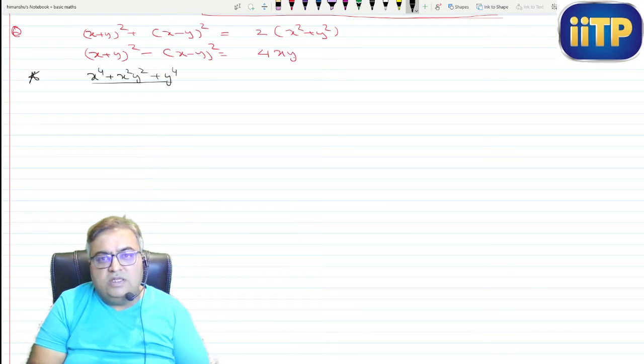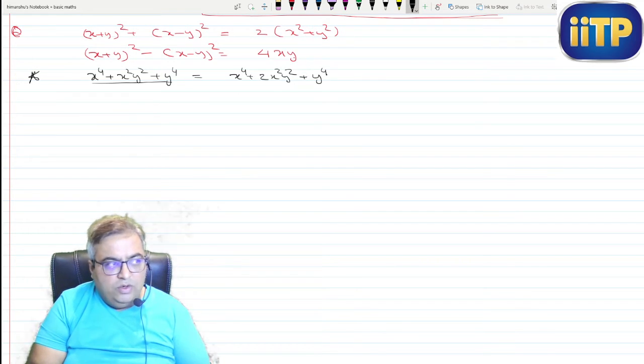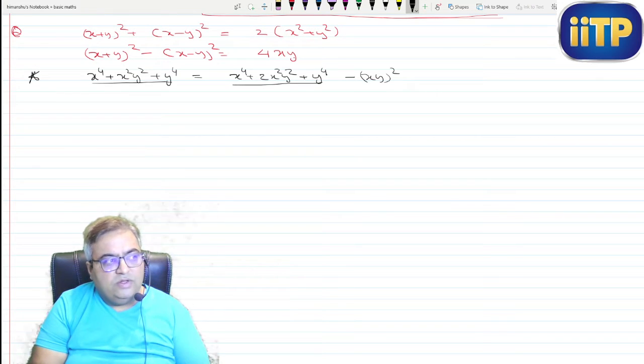How? Let's do this: x to the power 4 plus twice of x square y square plus y to the power 4. But I have made it 2 here, so to balance it out, I will subtract x square y square.